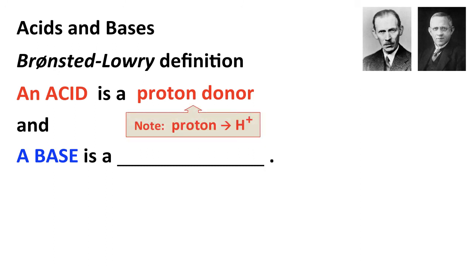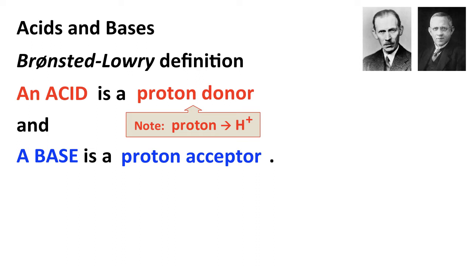And very important to note, a proton is a hydrogen atom that has lost its electron, so it's a hydrogen ion. And a base, according to Bronsted Lowry, is a substance that accepts a proton. We call it a proton acceptor. And notice an acid and a base are chemically essentially exactly opposite each other.